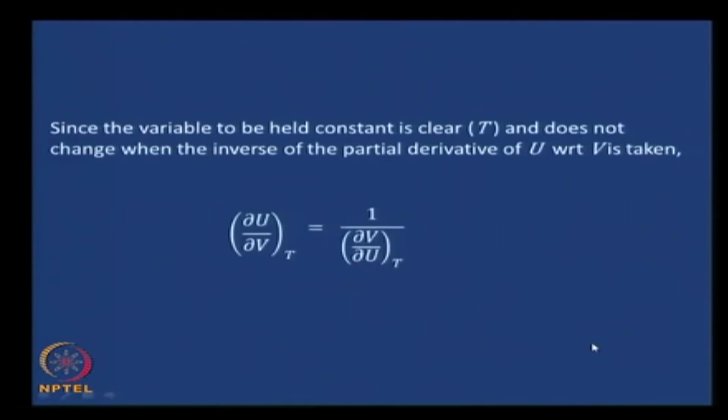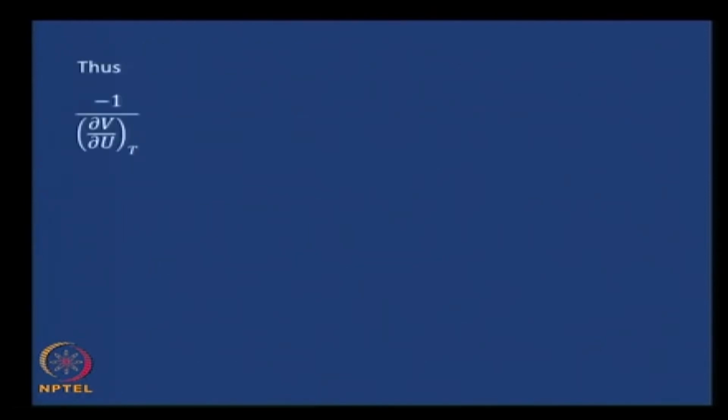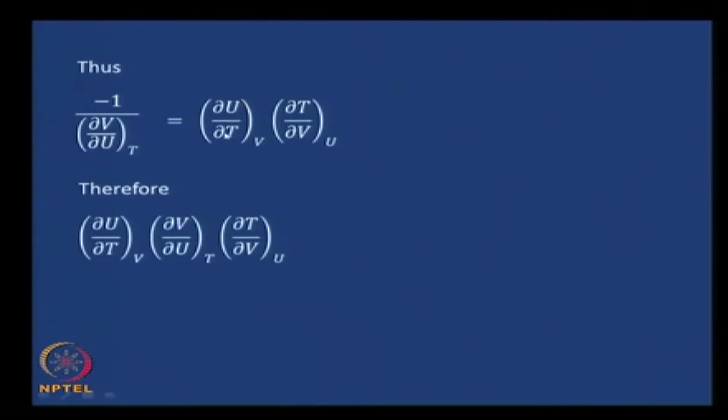And if we substitute the inverse, minus dou v dou u at constant t equals dou u dou t at constant v dou t dou v at constant u, which can be transposed as dou u dou t at constant v dou t dou v at constant u times dou v dou u at constant t. I have just placed this in this order for a certain reason, I will tell you in a little while.